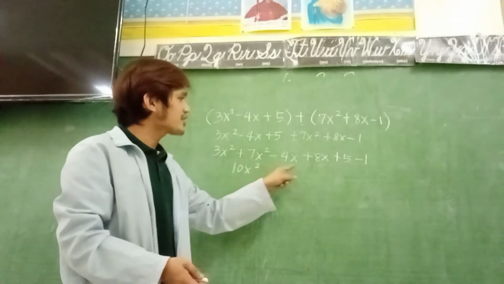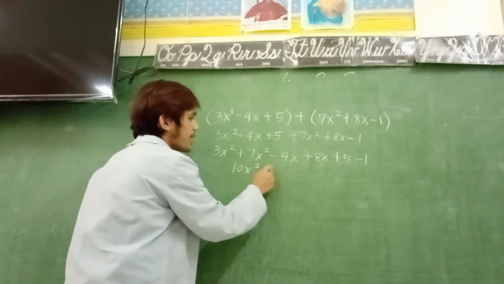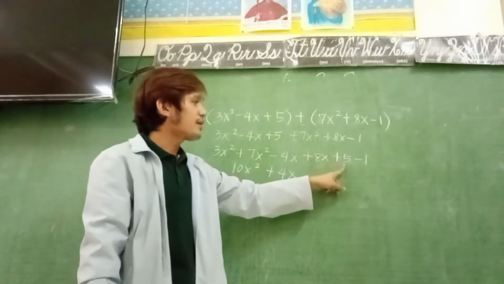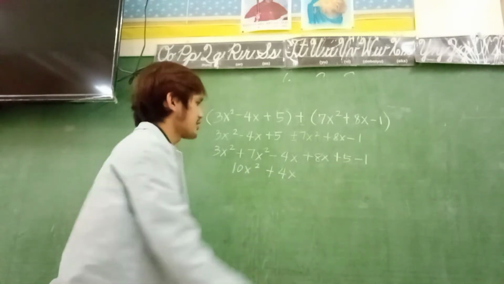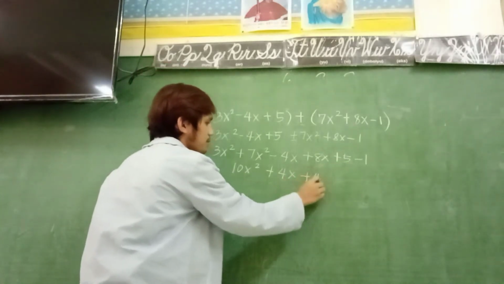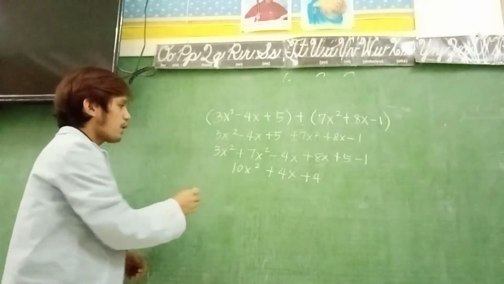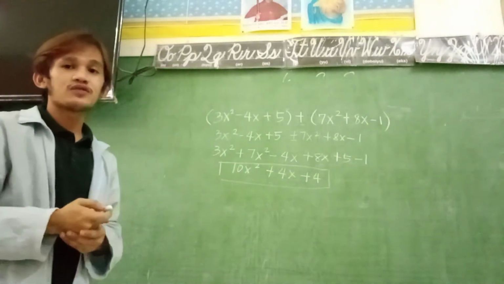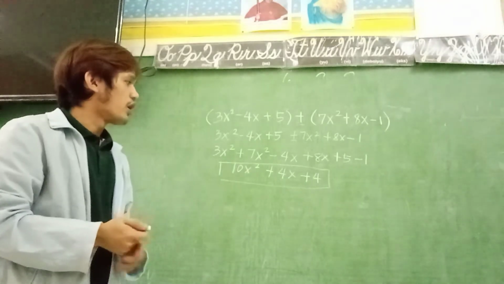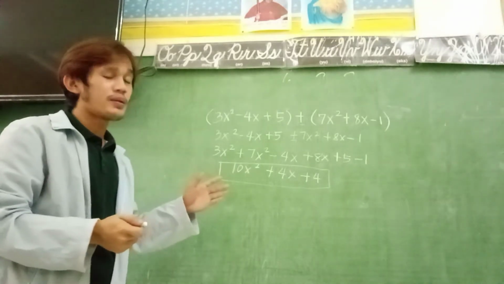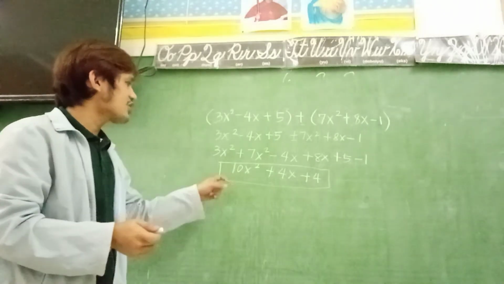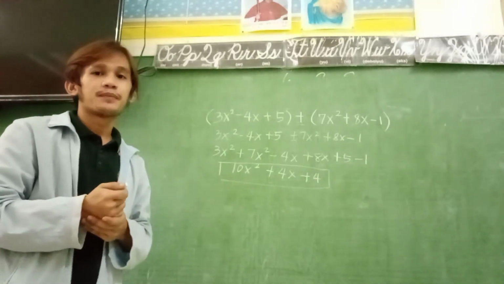So, negative 4x plus 8x is positive 4x. And then, positive 5 minus 1 is positive 4. Now, you have 10x squared plus 4x plus 4. Since there is nothing to be combined or wala ng terms na kailangan i-combine, that is already the final answer.